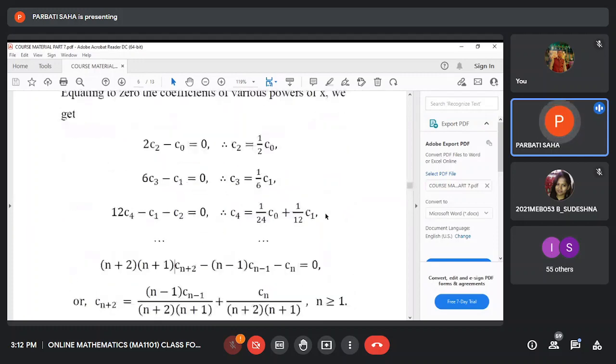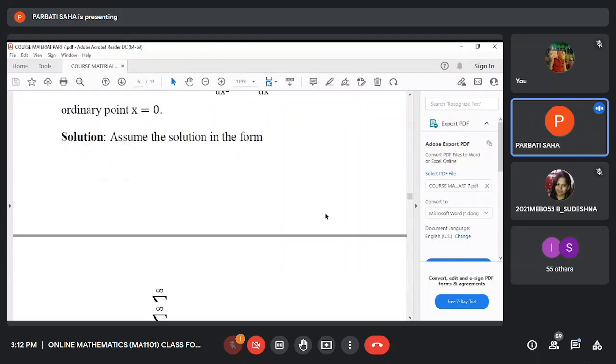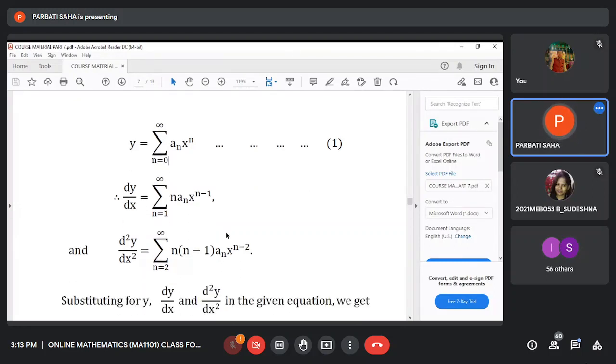You may use any method, but if we assume the solution in this form, using this sigma notation, summation notation, then we can use this notation also to solve this type of problems in the form of series. Then dy/dx should be given by this, and n varies from 1 to infinity.